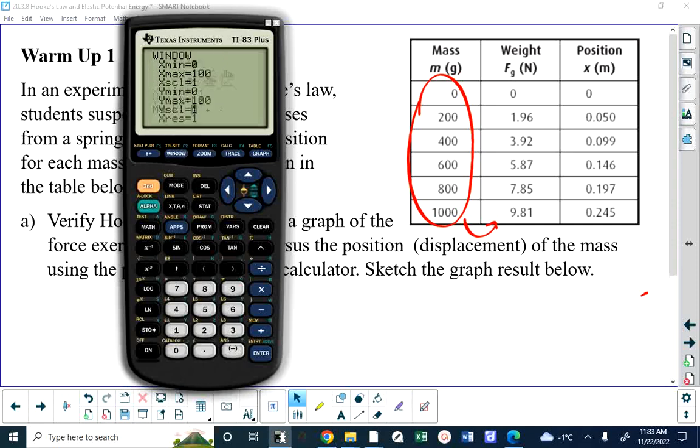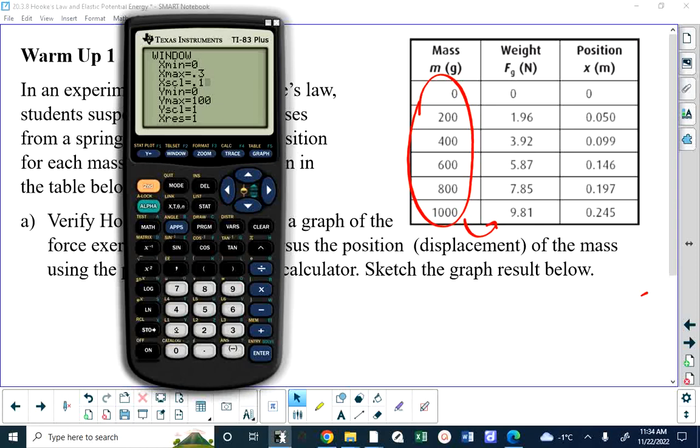And what I would recommend here now is going to your window. So window button is right here, and manually setting up your axes. So my X goes from 0 to 0.245. So I'm going to go from 0 to 0.3. X scale simply tells you where it's going to put a tick on your graph.